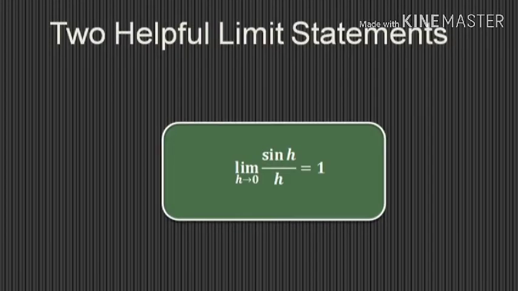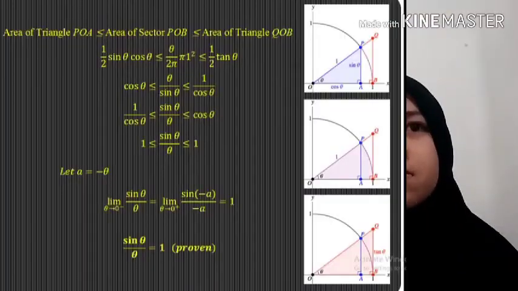To help us derive the trigonometric functions, we use two helpful limit statements. The limit as h approaches 0 of the function sin h over h is equal to 1. How? Look at this picture.